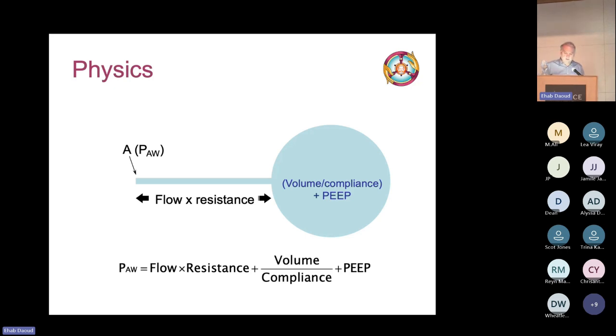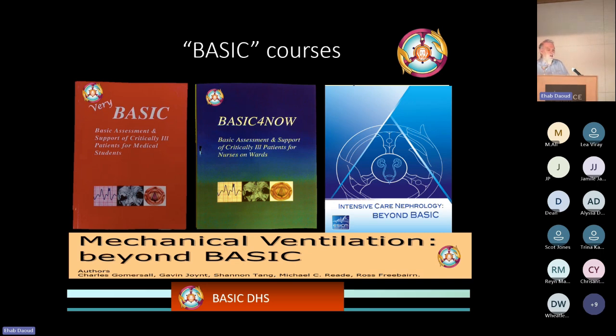There are a number of courses. The Basic course, which is, as I said, a standard course, is used for introduction to ICU. Relevant to this is the Very Basic course, which is a medical student level course, and Beyond Basic Mechanical Ventilation, which is specifically aimed at a wider range of ventilation topics. It does go into more detail about the nuances of the different modes and the different problems that we're talking about here today.